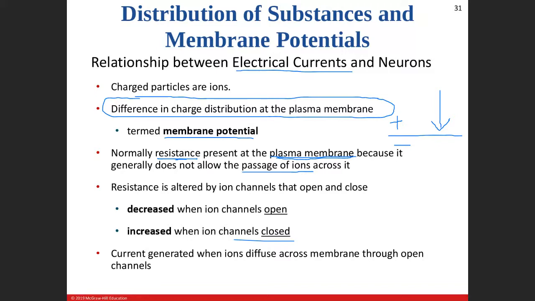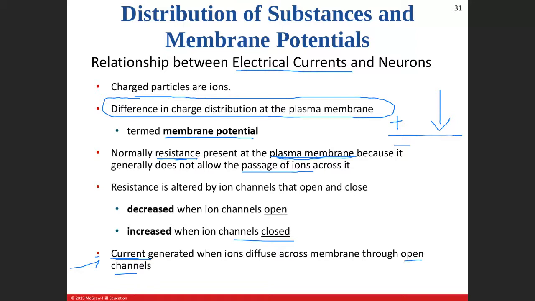All right. So this last bullet point talks briefly about what I was mentioning when we were talking kinetic energy. When you get charged particles, charged ions like sodium and potassium, moving through those open channels, they are going to create a current, okay?